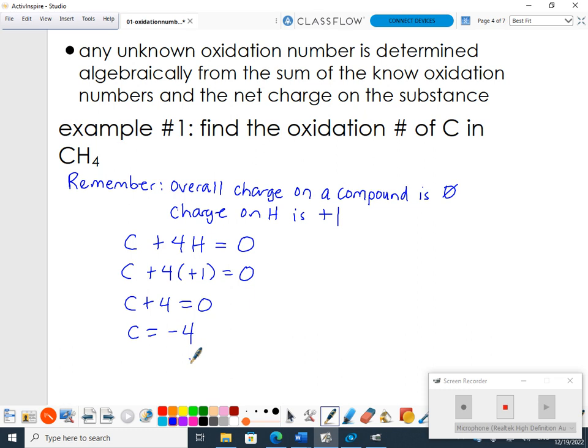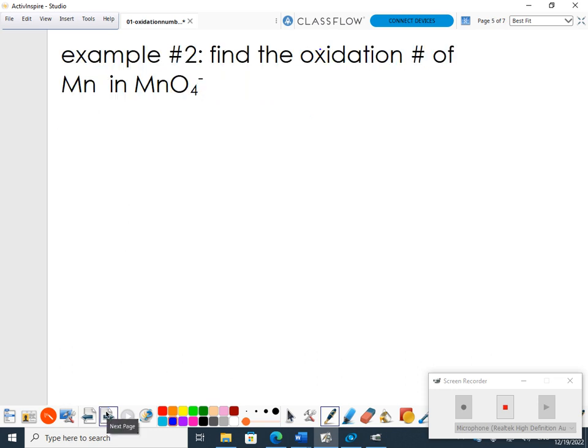Okay, so let's do MnO4. So as I said, manganese is a strange transition metal with 5 possible charges. So now when you have a polyatomic ion, use the charge that's given to you. Even if there was a nasty question and it didn't give you what the polyatomic ion was, remember there are some of them on the back of your periodic table to help you out.